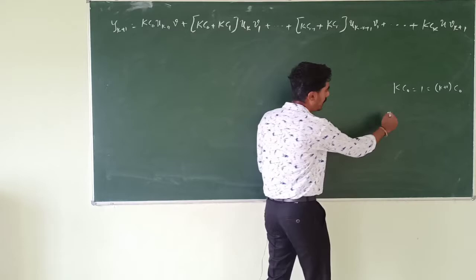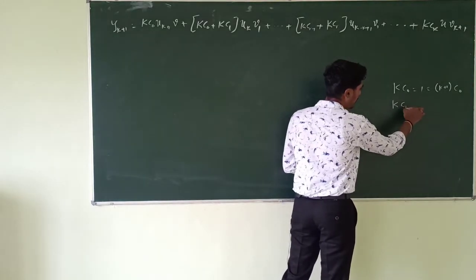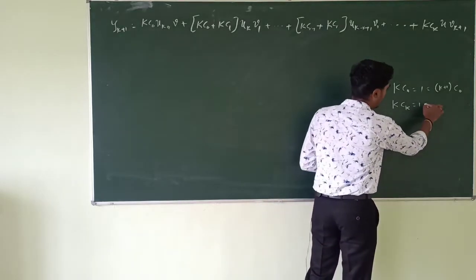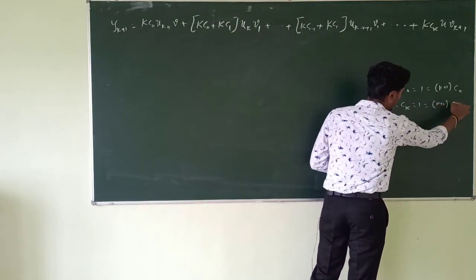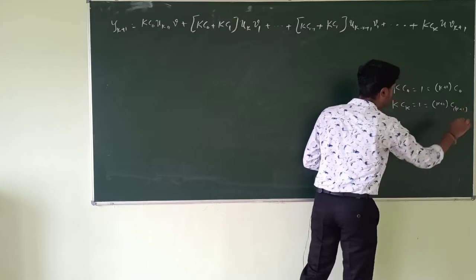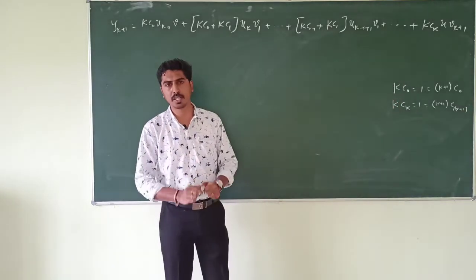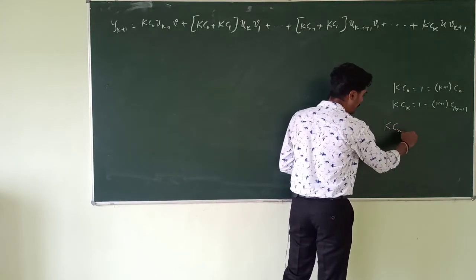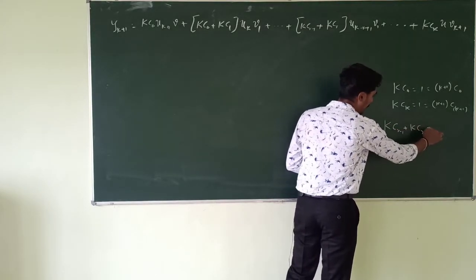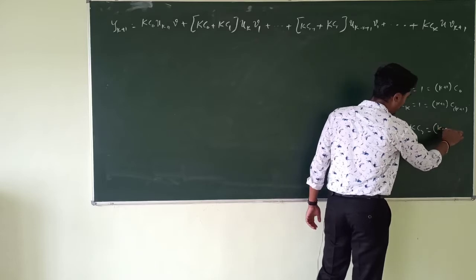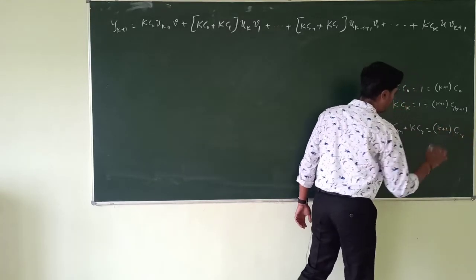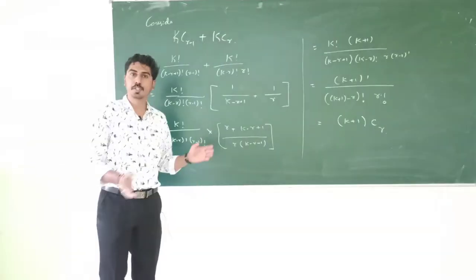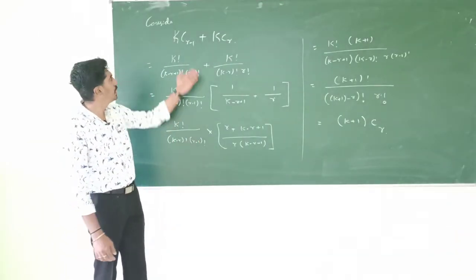The second relation is kck is also equal to 1, and so is k plus 1 c k plus 1. And the last, very important relation is kcr minus 1 plus kcr is nothing but k plus 1 cr. This is the proof you have learnt in your PUC.